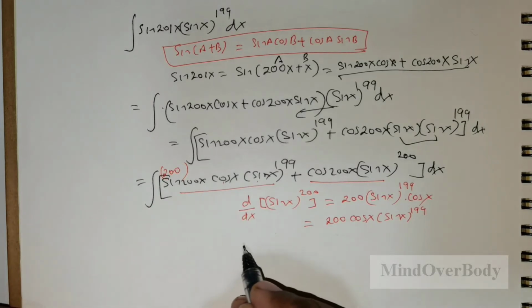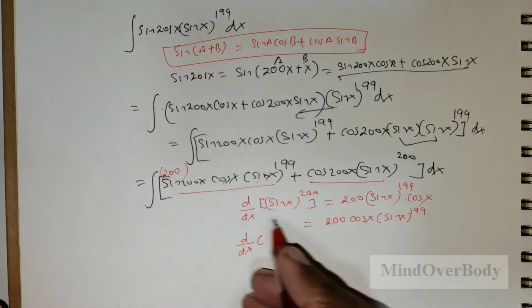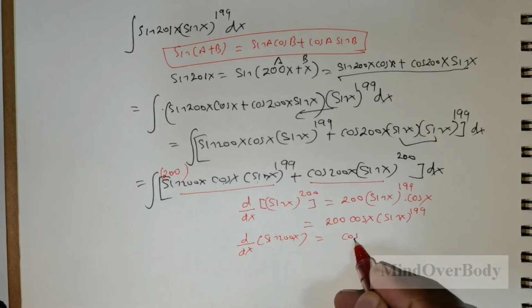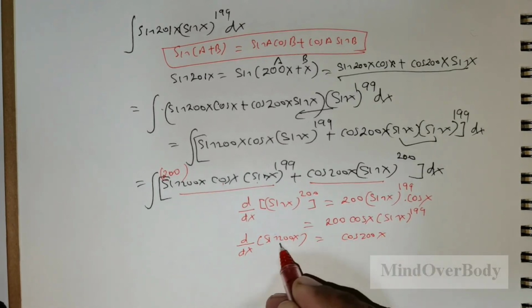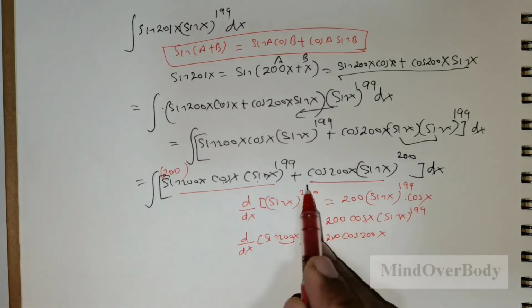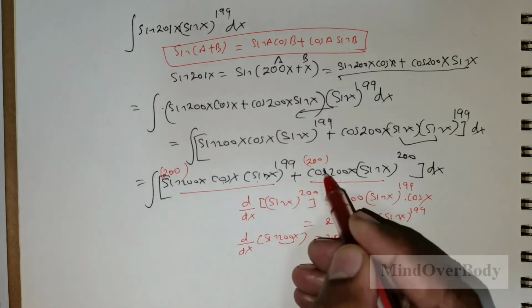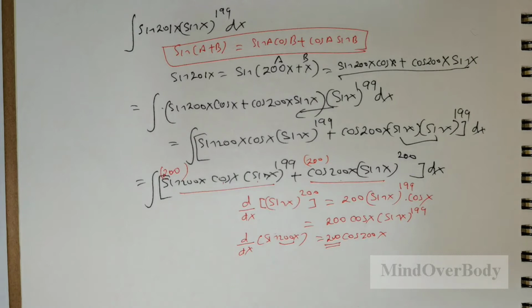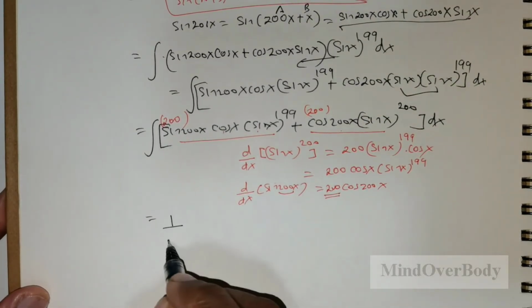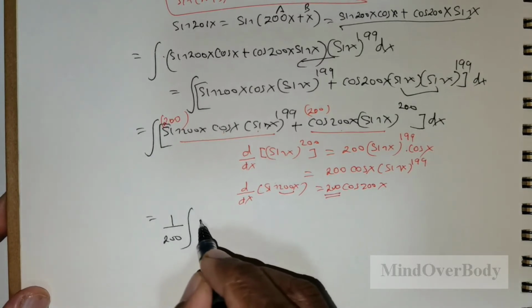Now if you were to consider the differentiation of sin 200x, that would give you cos 200x times the derivative of 200x, that's going to be 200. Now if you were to see here, you got cos 200x, but you don't have a constant, so you can just handle that constant. So now what I'm going to be doing is placing the constant in this fashion, multiplying the numerator and the denominator with 200.